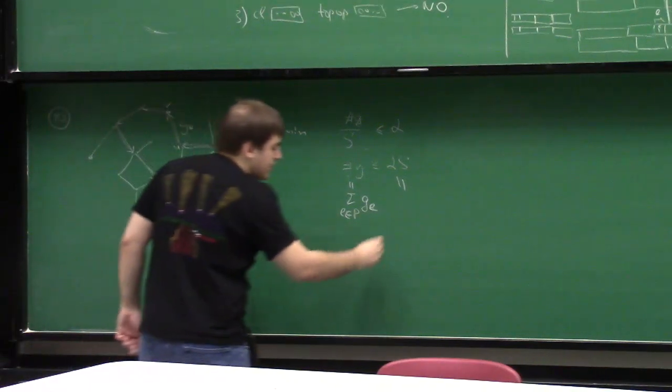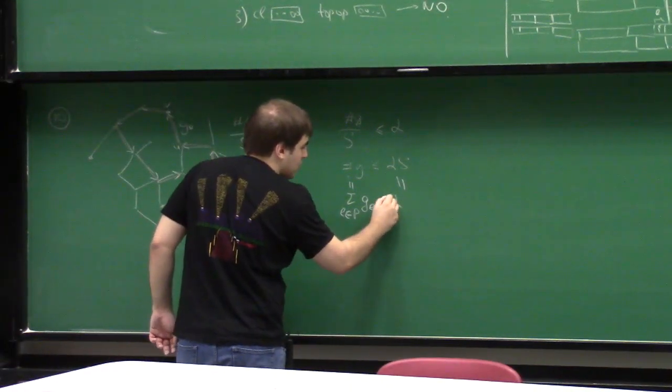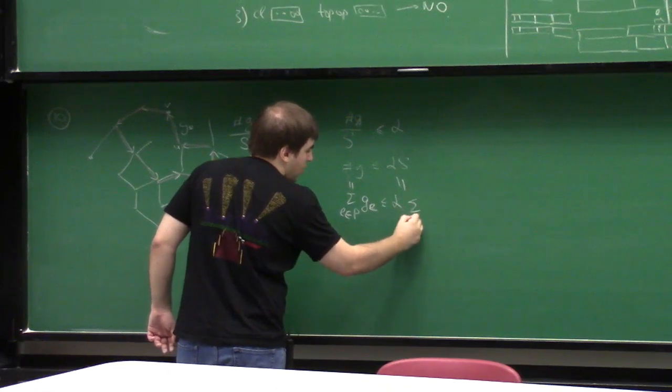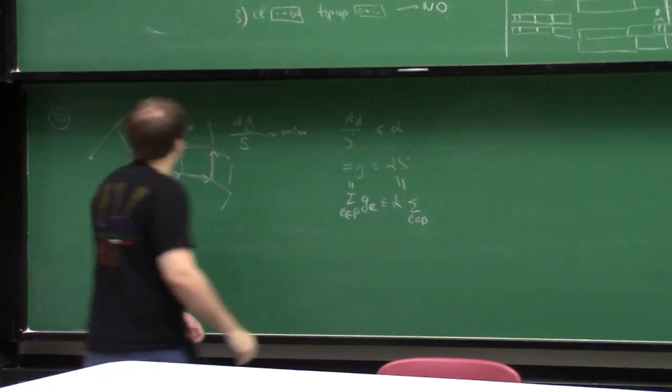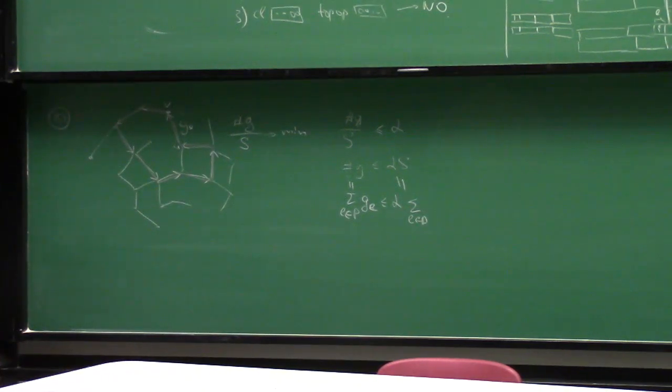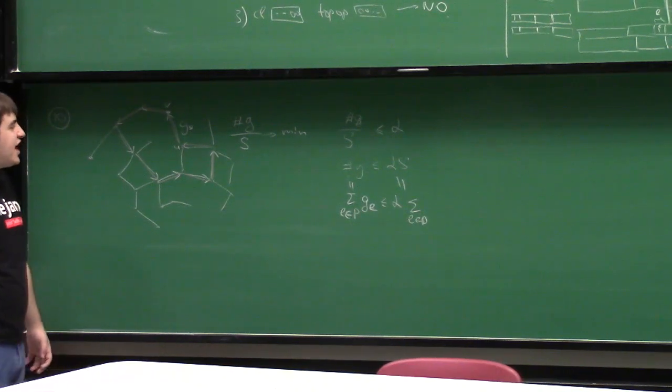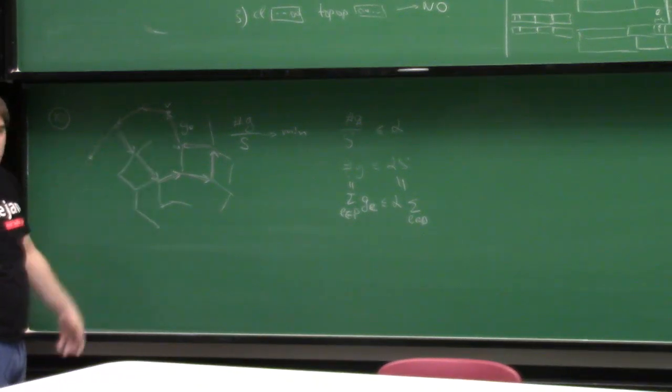This is actually alpha multiplied by the sum over all edges of our polygon of what? Well, you know how to calculate area using the edges of a polygon, right?